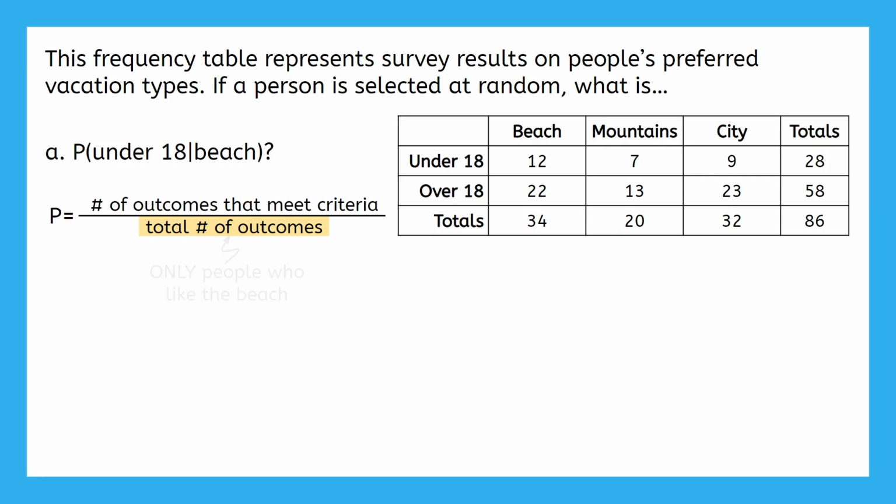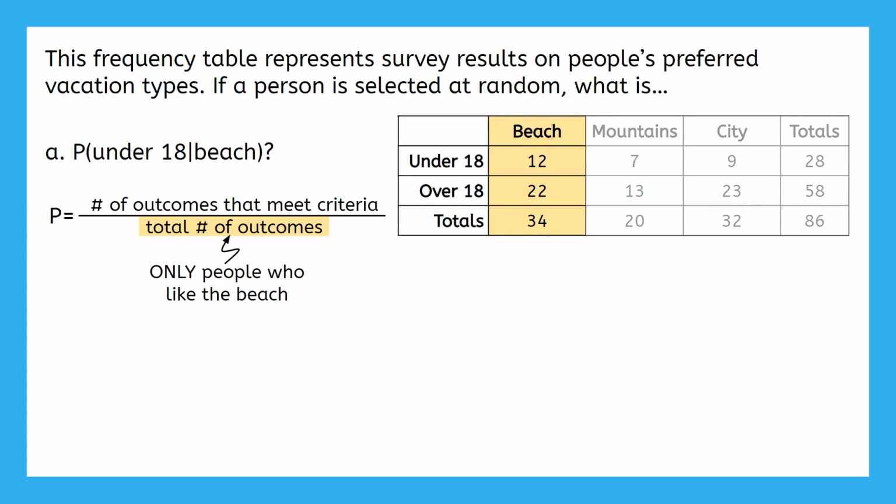Here we are limited to only the people who like the beach. So instead of looking at this entire table, we are now just focusing in on this beach column. So how many total people are there who like the beach? That'd be the total box down here, so 34. Out of just the 34 people who like the beach, how many meet the criteria of being under 18?